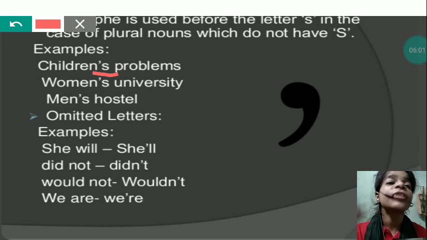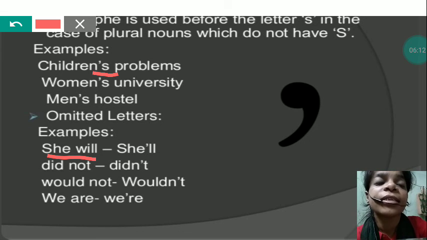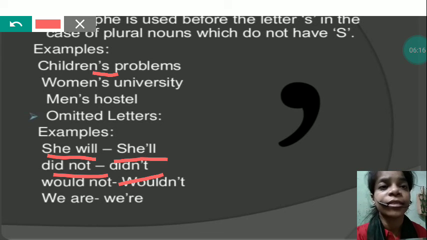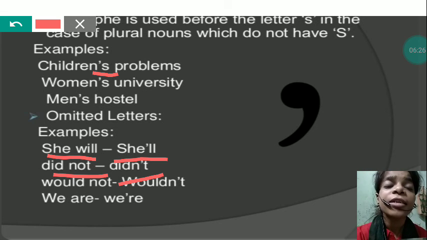So we use the apostrophe in four different situations. First, when we have to omit a letter from a word, like she will is written she'll, did not is written didn't. Second, when we have to show possession, like teacher's table. Then the third and fourth are related to plural nouns.